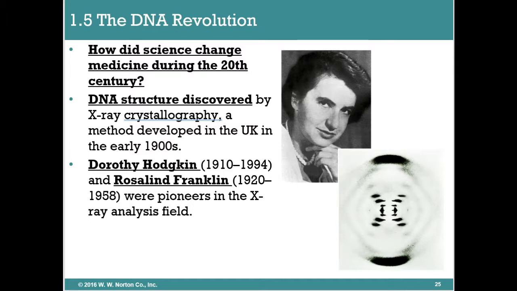And the two scientists who discovered the structure of DNA were Dorothy Hodgkin and Rosalind Franklin. These are the two women that used X-ray crystallography in order to discover the structure of DNA.